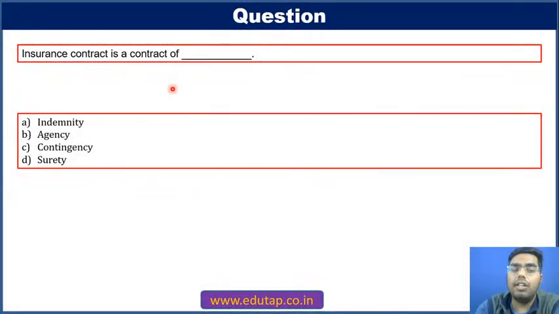Next: an insurance contract is a contract of dash. Very easy question, very basic question. Indemnity, agency, contingency or surety.